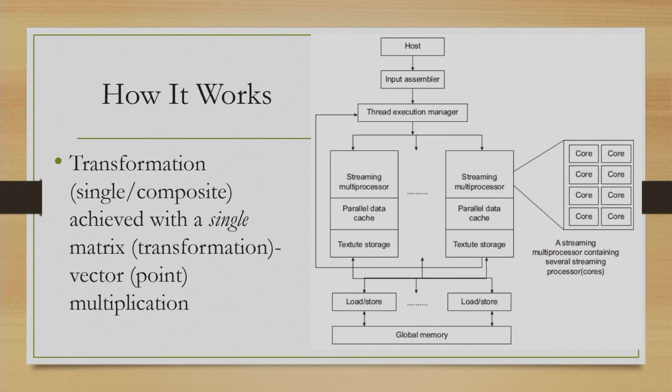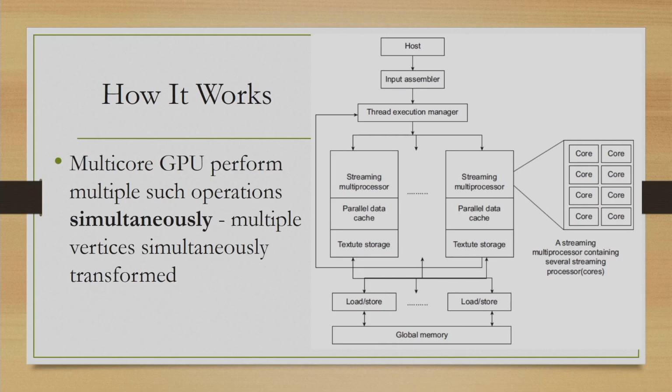And as we have explained earlier, this transformation is achieved with a single transformation matrix and vector point multiplication operation. As we have noted earlier, the multi-core GPU performs such operations simultaneously or parallelly. So, essentially multiple vertices are transformed simultaneously at the same time. It is not that one after another we are performing the multiplications.